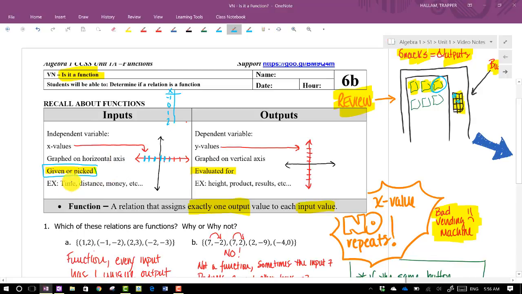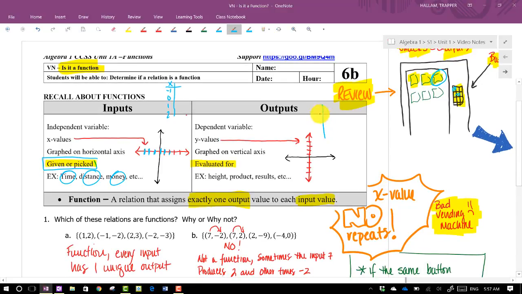Most of the time when we deal with these, they're going to be in terms of time or distance or money. And right now you're like, why? Well, it's because those things just are. When we look at the outputs, they're called the dependent variable, meaning that they're not in our control. They just come out. We have no control over those. So these are the y values that we evaluate for. We don't know what they're going to be. That's key, that they get evaluated for.